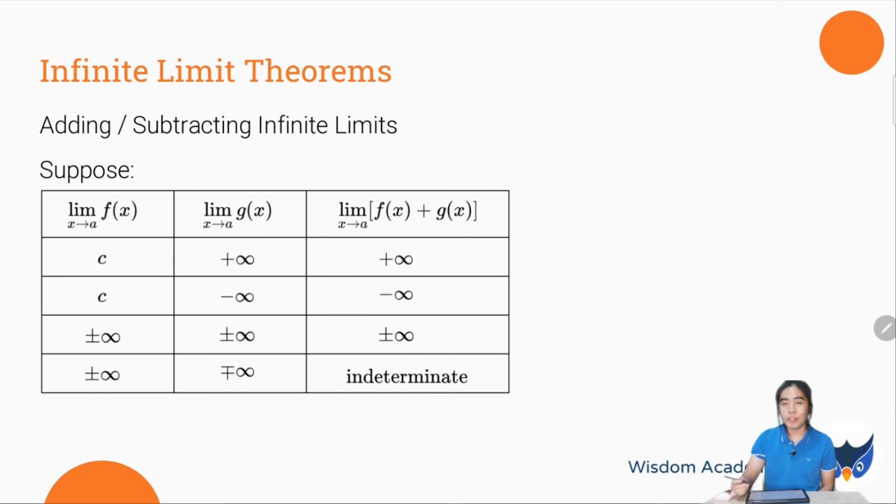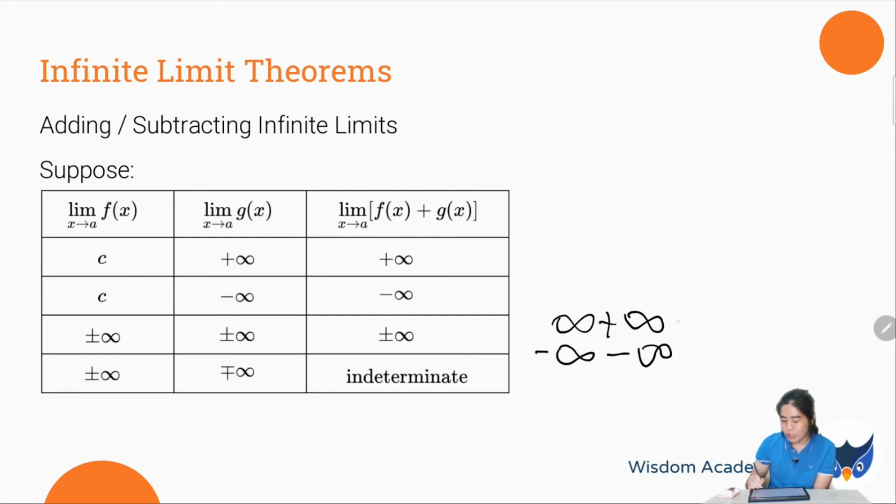Okay. So some theorems, before we proceed in evaluating infinite limits, for adding and subtracting infinite limit: constant plus positive infinity lang siya. So constant minus infinity, negative infinity. Kapag same sign, so infinity plus infinity or negative infinity minus infinity, ma-retain lang natin yung sign.